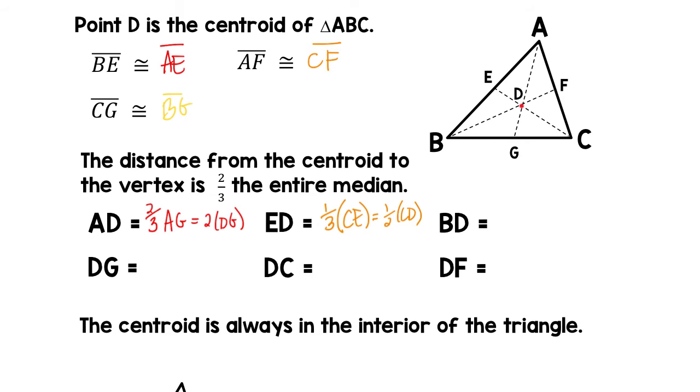So from the centroid to the side is 1/3 of the full median length and half as long as the larger side. Next, we have BD. That's the long side of the median. That is 2/3 the length of BF and twice the length of DF.